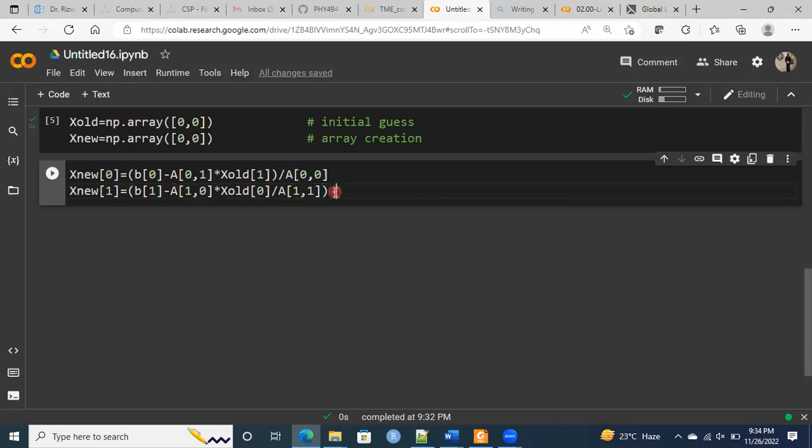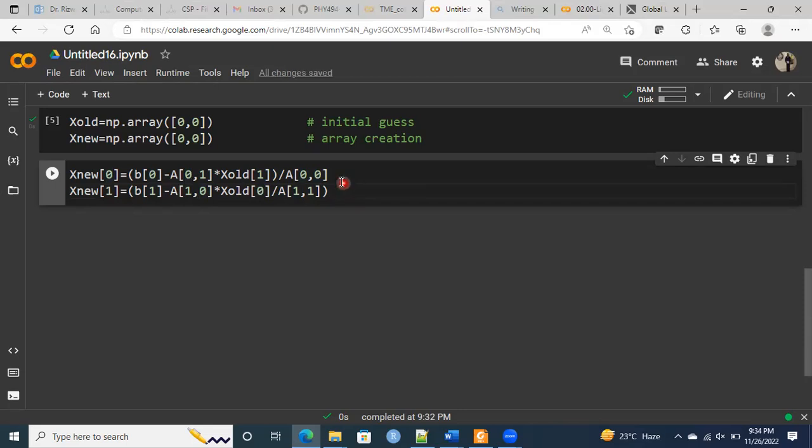So it can be easily noted that a new value of x0 has been computed by getting the old value of x1, and the x new of 1 is computed by getting the value of x old of 0. So this should be noted.